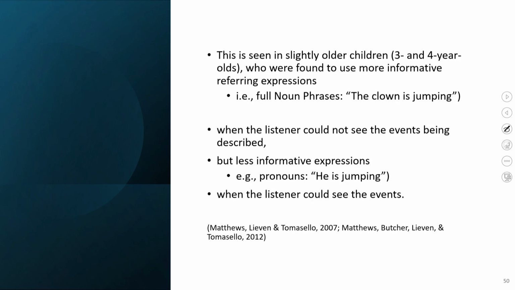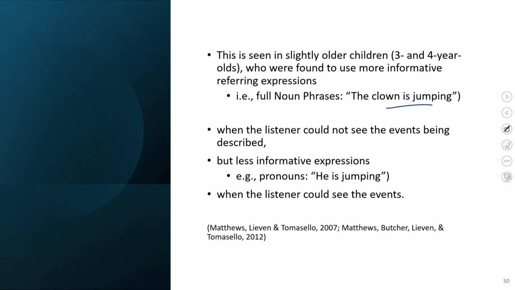Now, this has been seen in slightly older children, but not younger. Tomasello and group found this particular behavior in 3 and 4-year-olds, but not in 2-year-olds. So, they use the full phrase, the clown is jumping, when the listener could not see the events being described, but less informative expressions, they say he is jumping, when the listener could see the events.